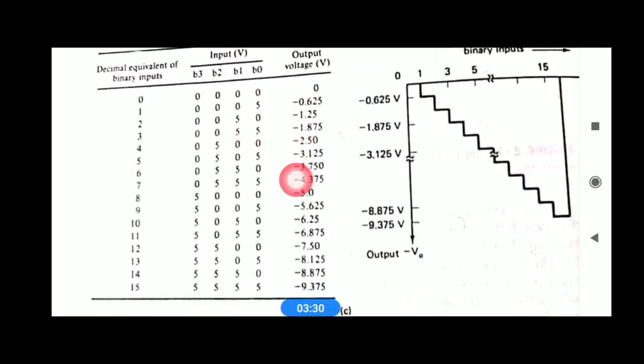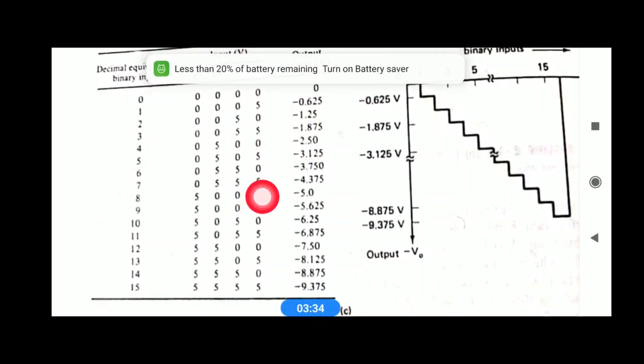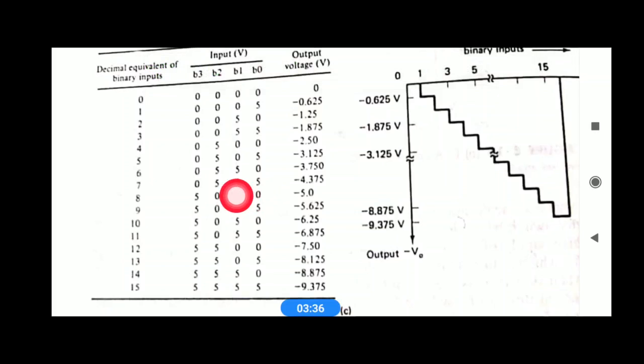The same case, if you see one more example here, if you apply B0, B1 and B2, you will get the sum of the individual voltages: B0, which is minus 0.625, B1, minus 1.25, and B2, which is minus 2.50.